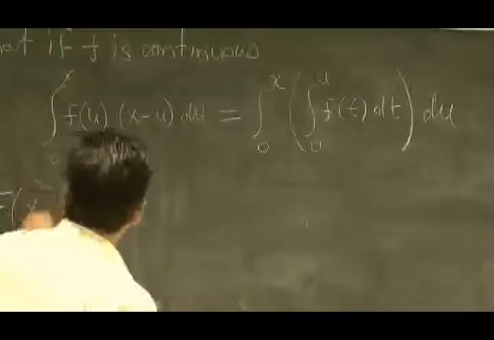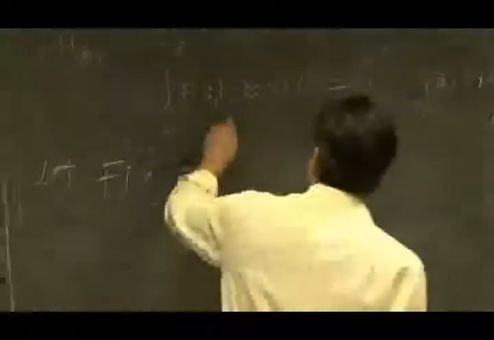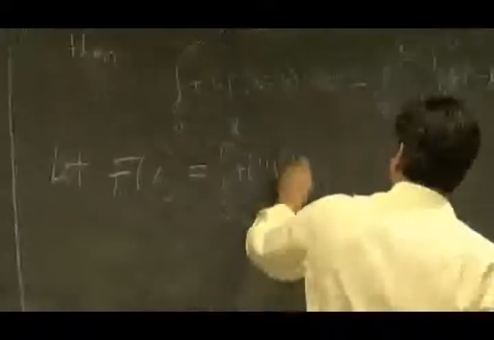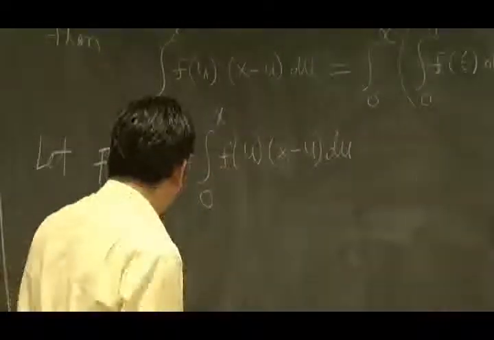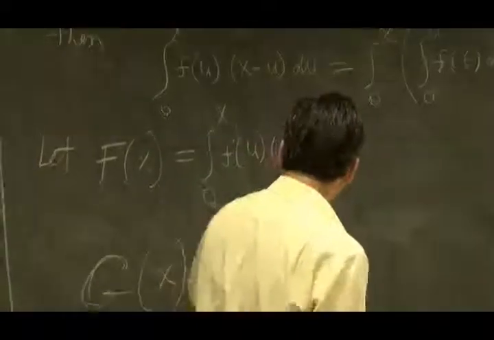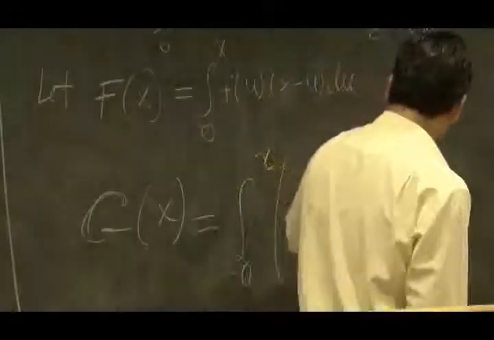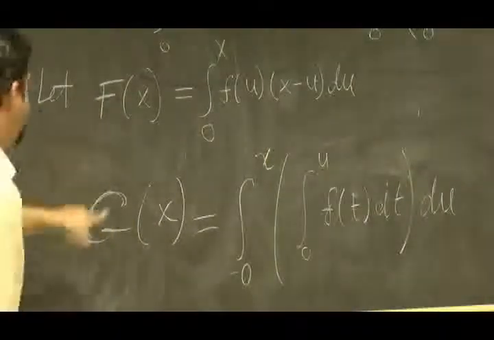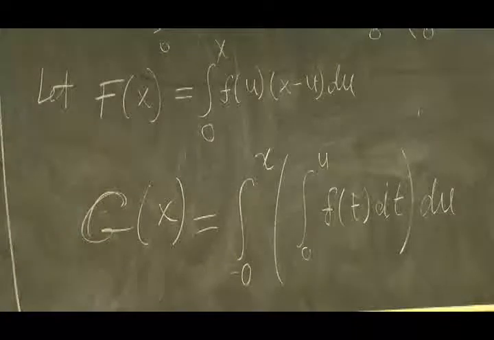Let's say f of x is this first piece, and let's say g of x is the second piece. I'm asked to show that f is equal to g. We're just rewriting the problem. Okay? Does that make sense?